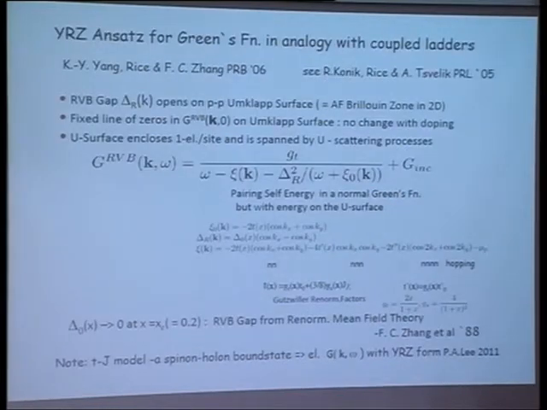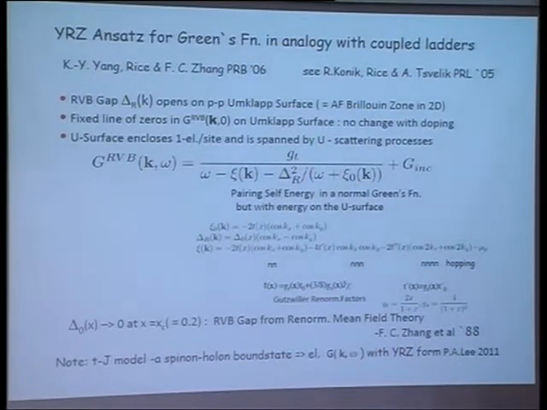And the form we came up with about 5 years ago was the idea that we would put in a self-energy which has a pairing form, but the energy in the denominator of the self-energy would not be just any old energy, but would go to zero exactly along this Umklapp surface. So it's like a pairing form, but the pairing is being tied to a specific surface in K-space, which is a surface spanned by these elastic Umklapp processes.